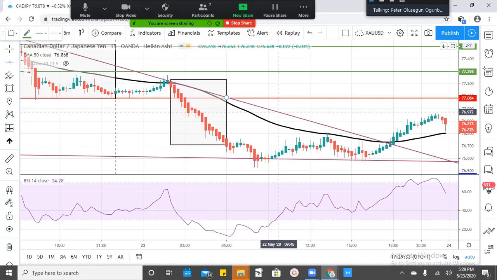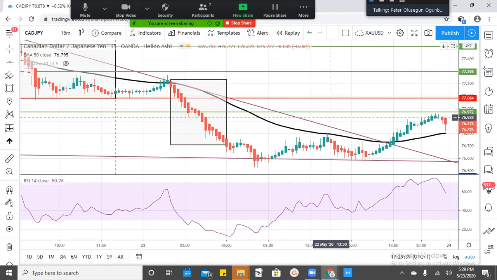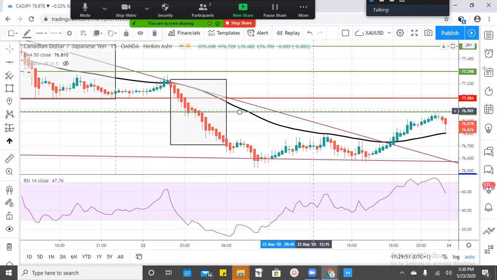Now that will be another entry. The price is almost there now, so anybody could have just entered here. You can even take it a bit down. It's almost there. Usually you can just do 4. You can add 4 more to it.